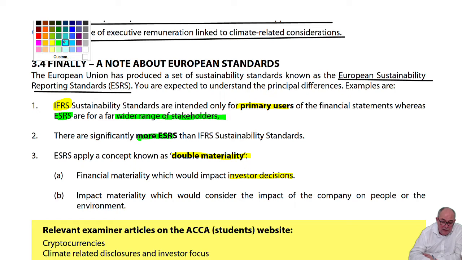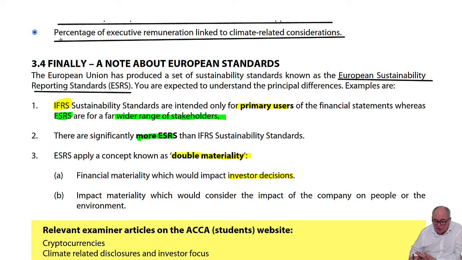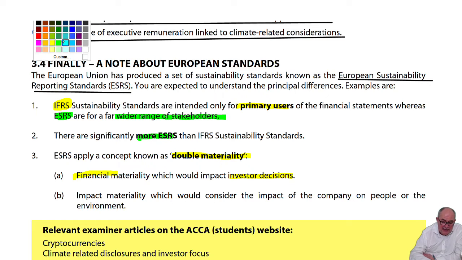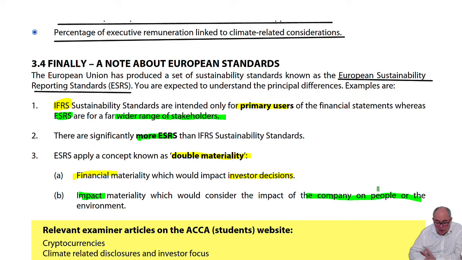But also think about what would be material on everyone else. So the people who live on the beach that's polluted by the big oil company, who certainly aren't investing in the company. So it's the difference there between IFRS style materiality, which is financial, and impact materiality, which is thinking about anyone on whom the company might have an impact.